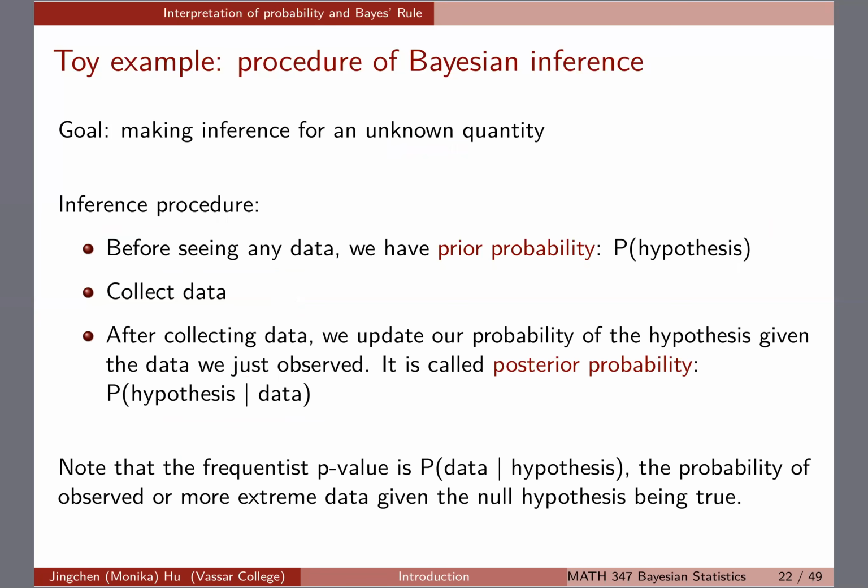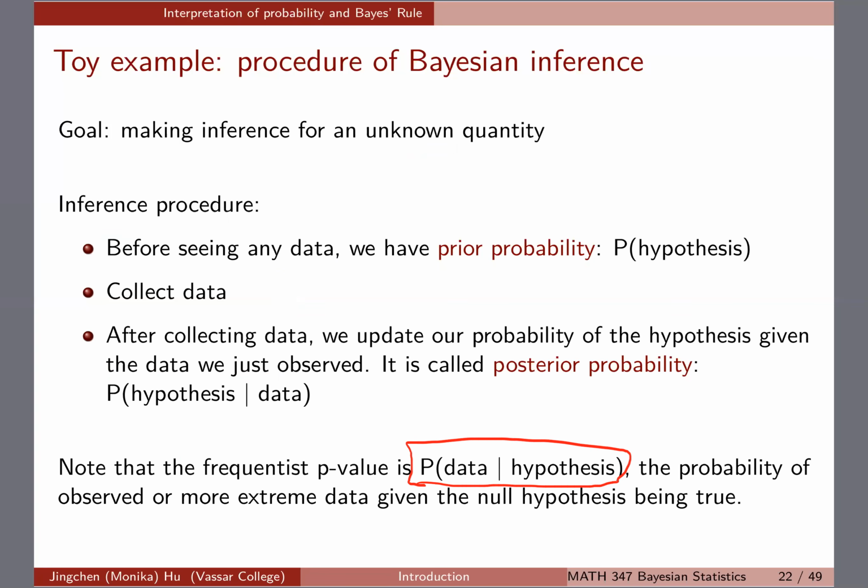So lastly, p-value is another thing that's tricky to interpret from the frequentist point of view. And typically we write it as the probability of data given the hypothesis.